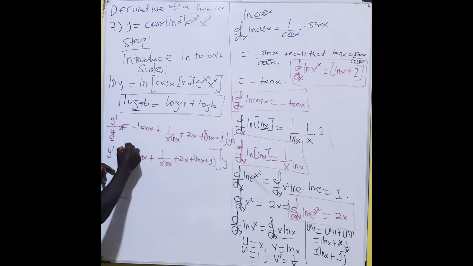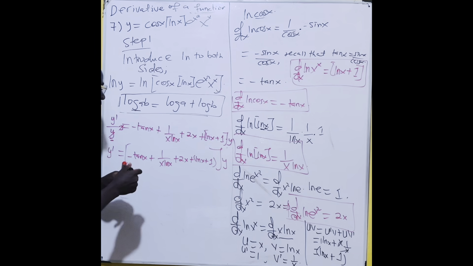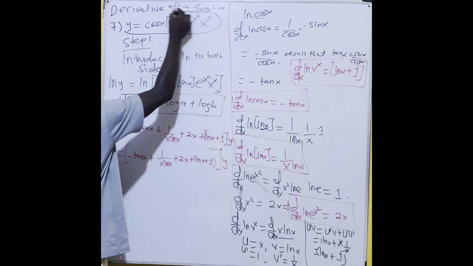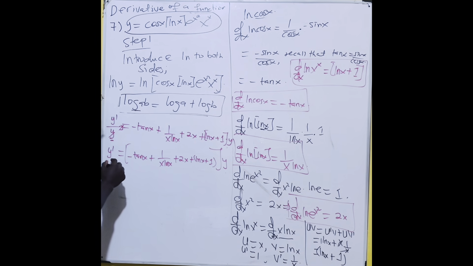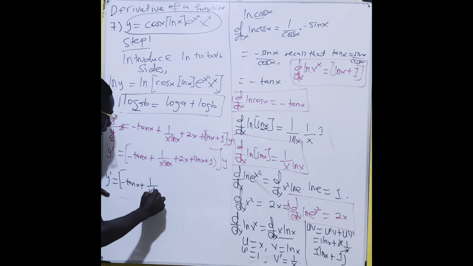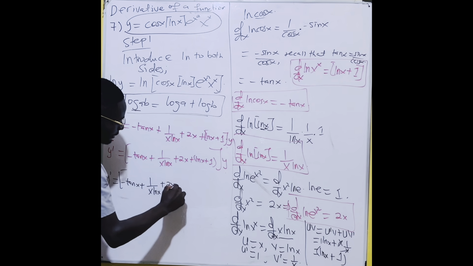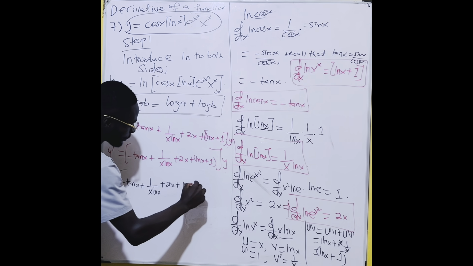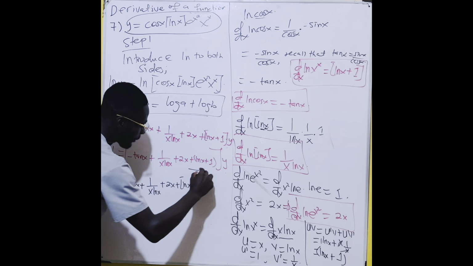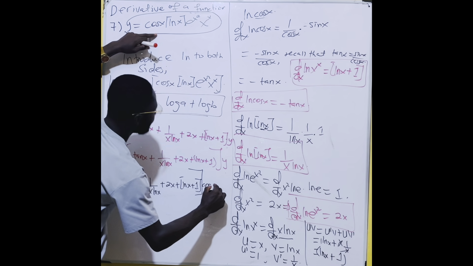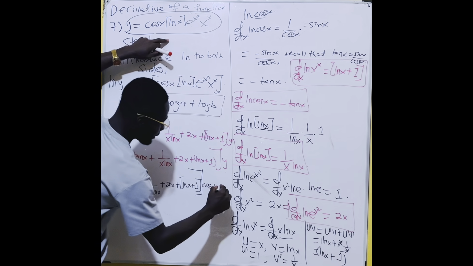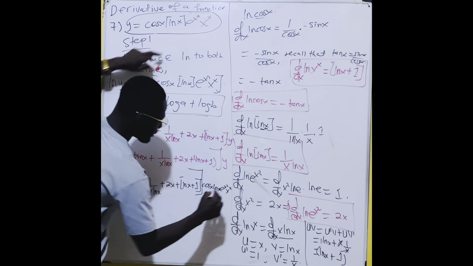all multiplied by y. But remember that from the beginning, we said that the y should be equal to this. That is the question. So we're going to substitute that here. So we have y prime to be equal to negative tan x plus 1 over x ln x plus 2x plus ln x plus 1, all multiplied by y, which is cos x ln x e to the x squared x to the x, right?